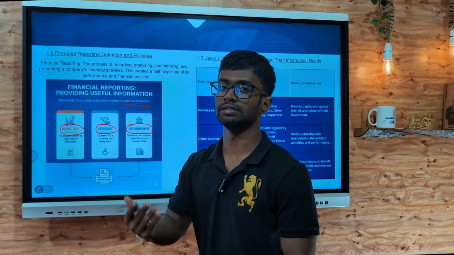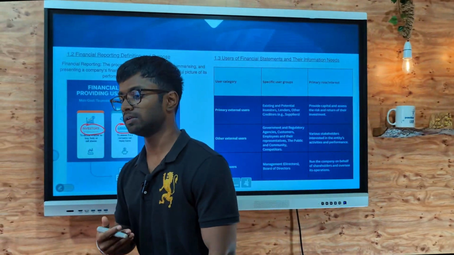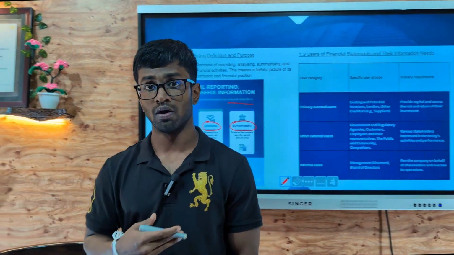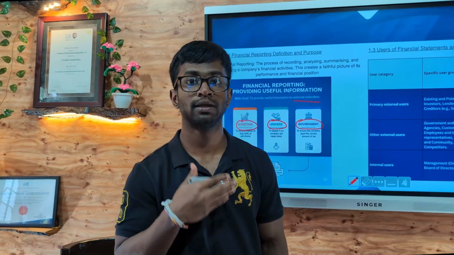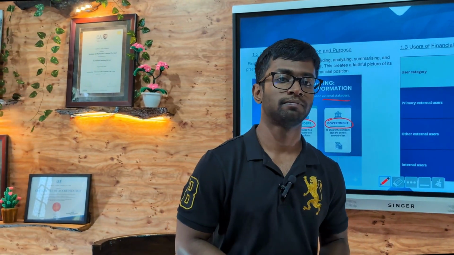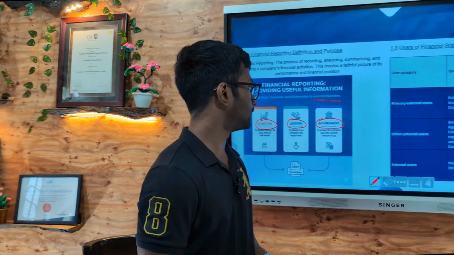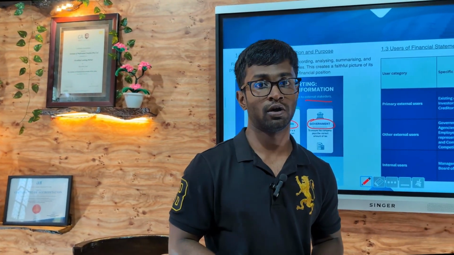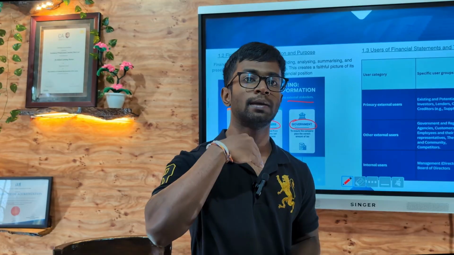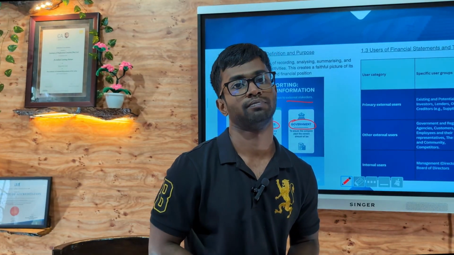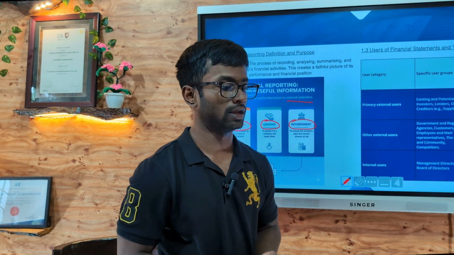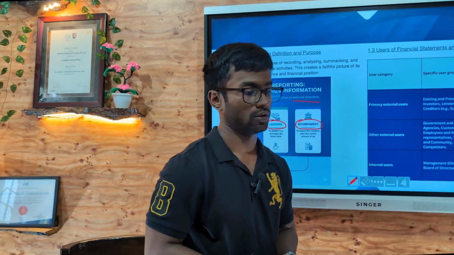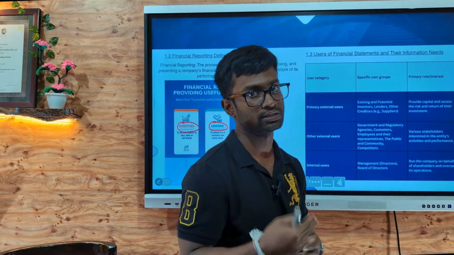And then you have lenders. Lenders are people or organizations who lend the business money. When they lend, they have to see the company's or the business's ability to repay the amount obtained. Now, in an organization you would have assets and liabilities.